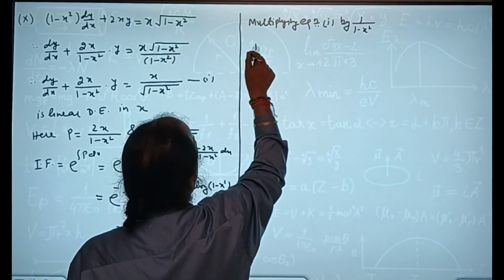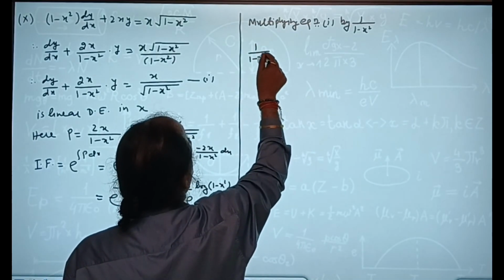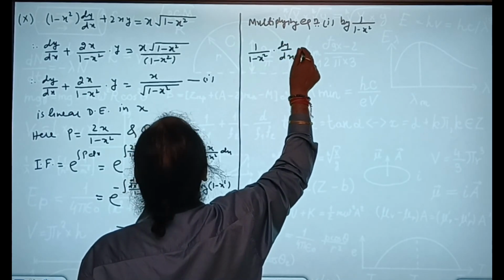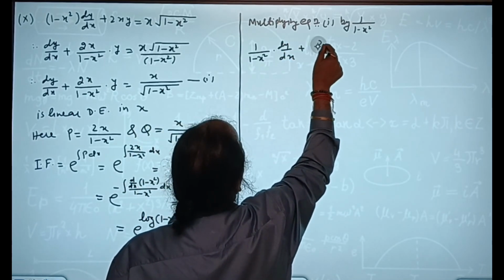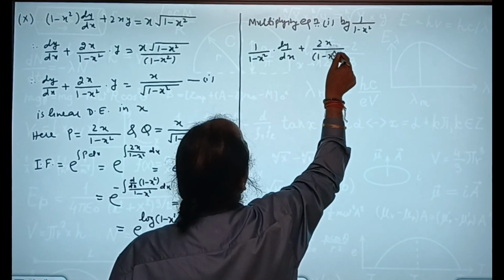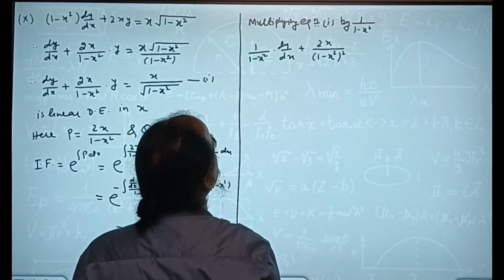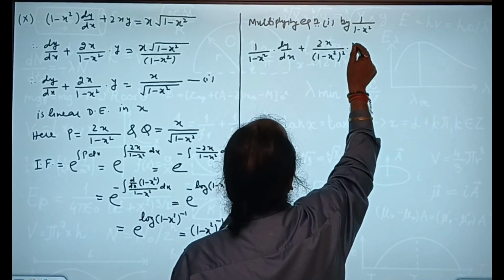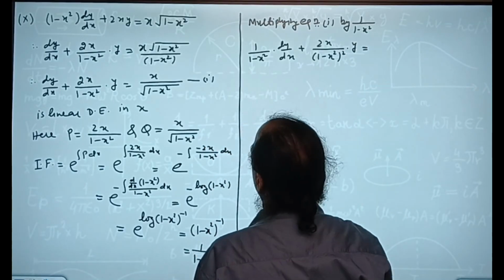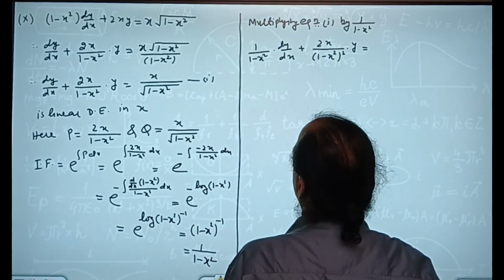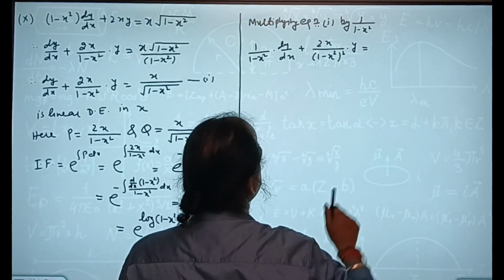So 1 upon 1 minus x square dy by dx plus 2x upon (1 minus x square) the whole square into y is equal to x upon (1 minus x square) raised to 3 by 2.